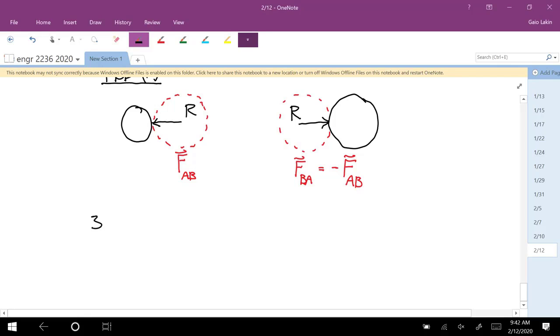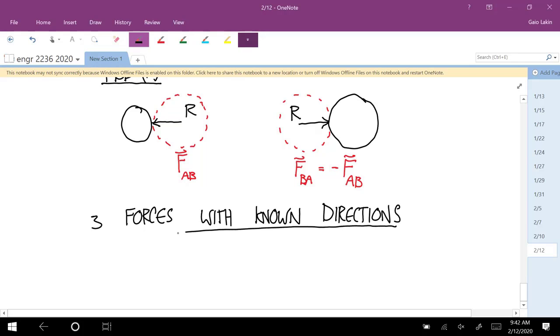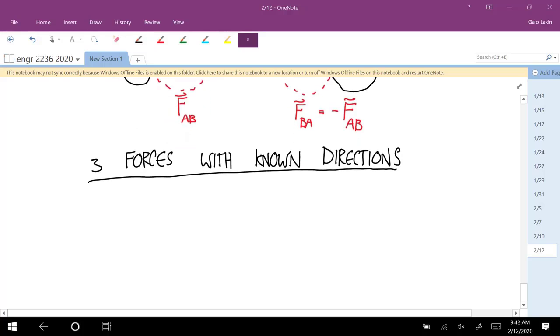So here are the three, I guess, contact forces that we're going to have to deal with that have known directions. The first one is a pushing contact.